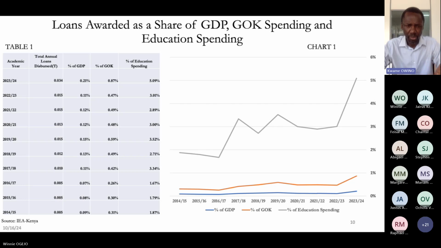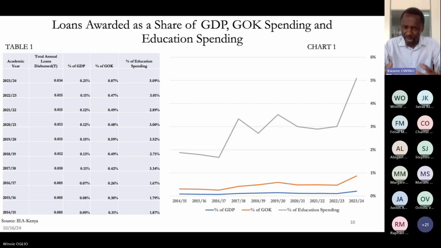If you look at this slide on table 1, you've seen that over the last 11 or 12 years, the government of Kenya has raised spending on tertiary education, especially the loan side, from 0.09% of GDP to 0.21% of GDP. So if that is anything, it's telling us that the intent is there and it's rising, right? It's rising from 0.09% of GDP in 2014 all the way to 0.21%. That's big.